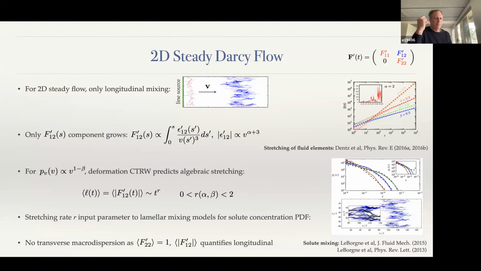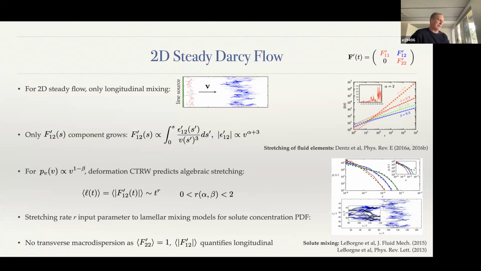And for various values of beta and also alpha, which gives you the correlation between the velocity gradient and the local velocity, we get different algebraic stretching regimes. So this off-diagonal element F12 of the deformation tensor, which essentially is the only way that fluid elements can grow, is predicted to grow algebraically with time as t to the power of r, and r lies between 0 and 2 for different values of alpha and beta.